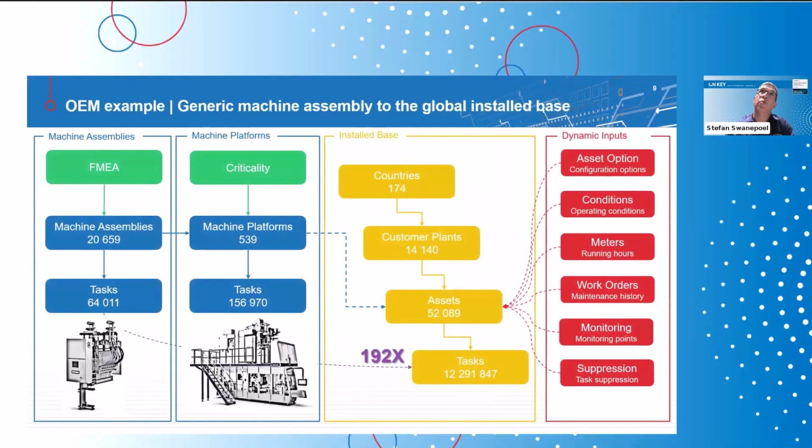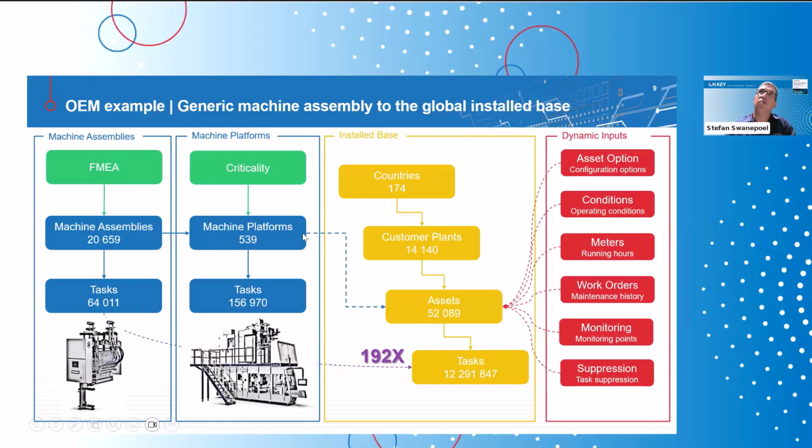Then just another example, this is a typical large original equipment manufacturer, just to give you some idea of the scale that we're talking about here. At the machine assembly level, generic maintenance tactics, maintenance tasks, 64,000 individual tasks here on a type side.